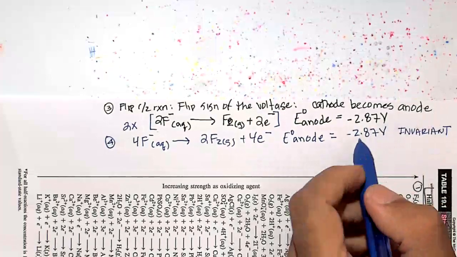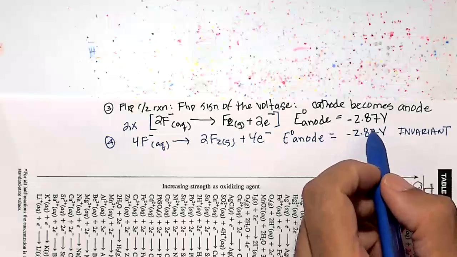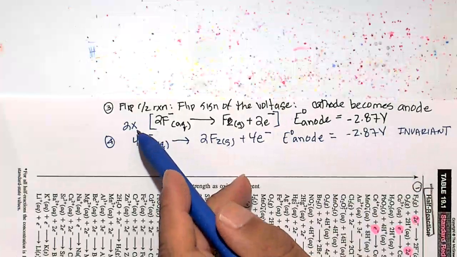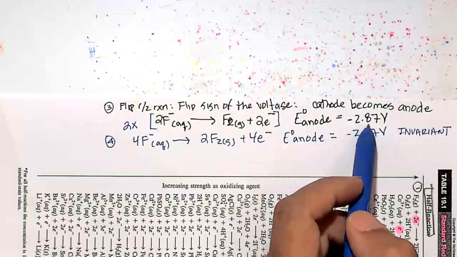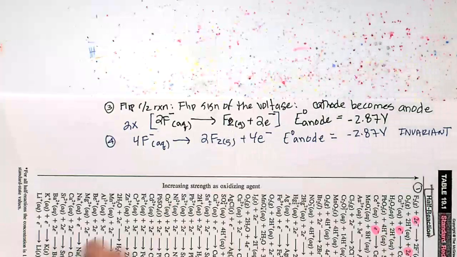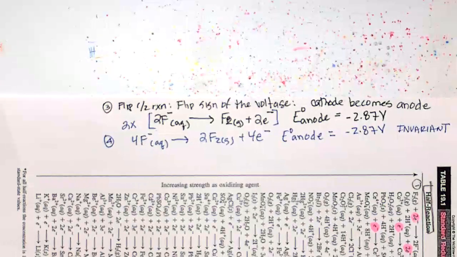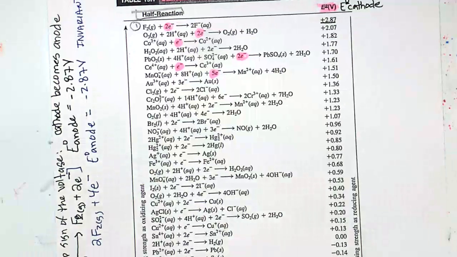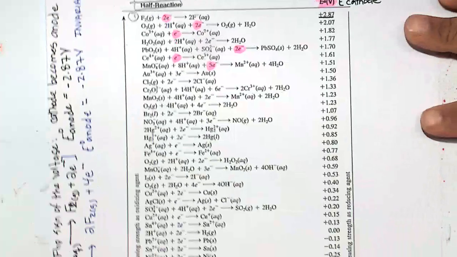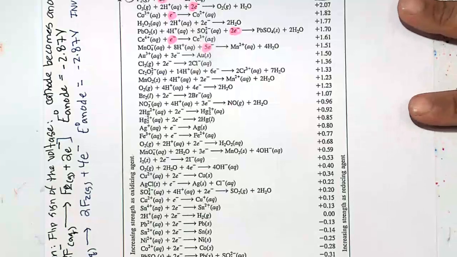You never want to change this number. You do not divide this by 2. You do not multiply this by 2. Let's say Susanna said 4, you do not multiply this by 4, you do not divide by 4. So all of these numbers will never change. Please remember that.